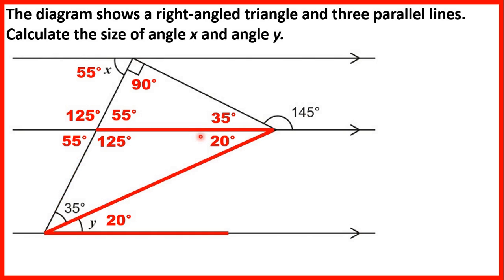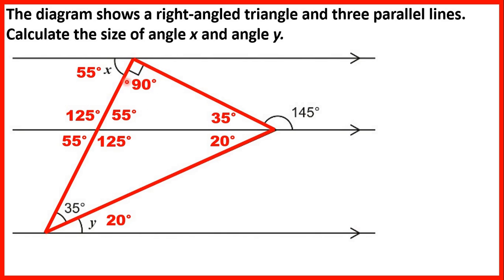Also, spot that we have another Z angle here. So if we know that this angle is 20 degrees, we know that angle Y will be 20 degrees as well.